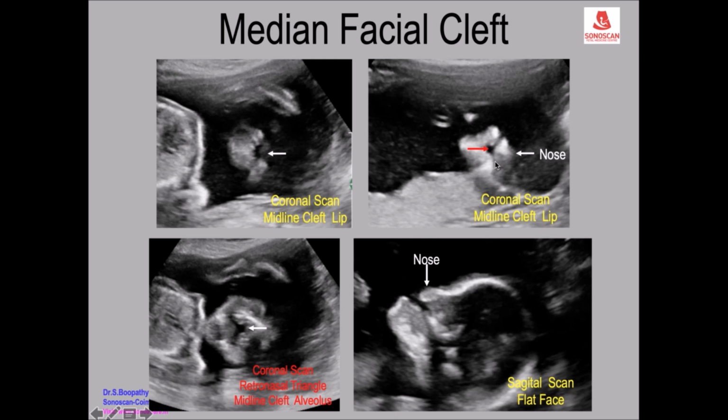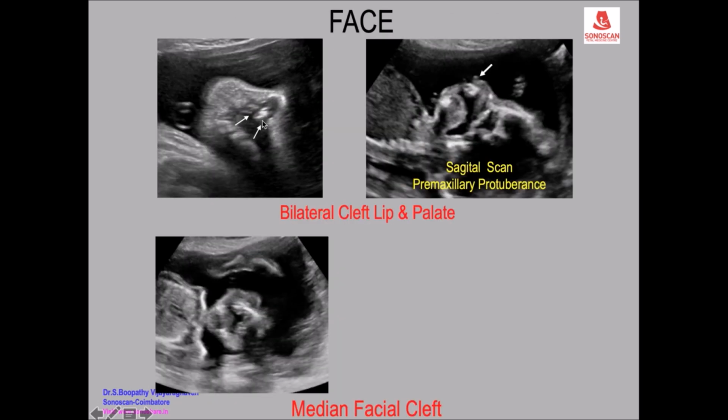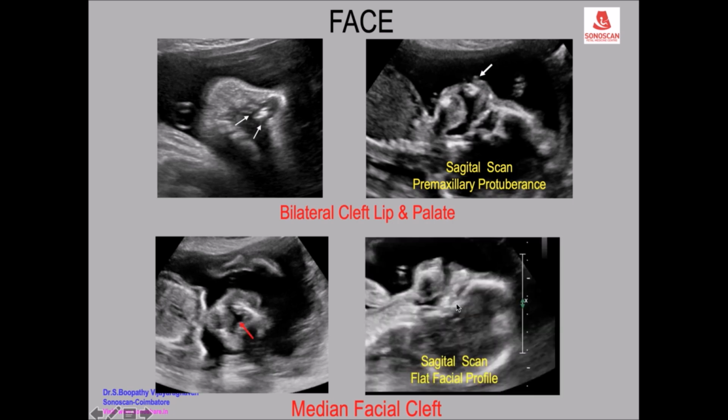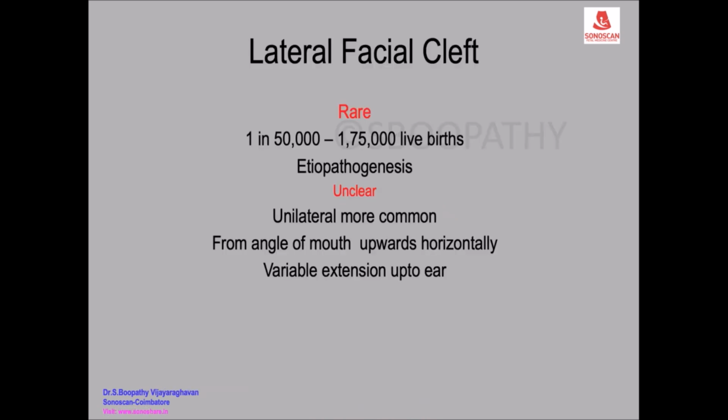If there is bilateral cleft, you will not get a flat face. In the median cleft, in the sagittal scan you see a flat profile, whereas in bilateral cleft of lip and alveolus you get a premaxillary protuberance.